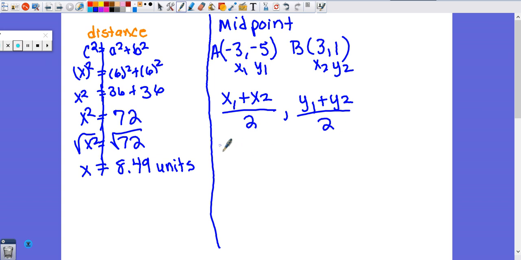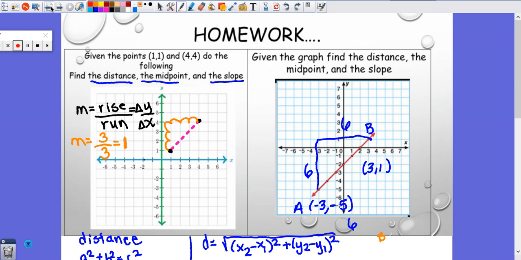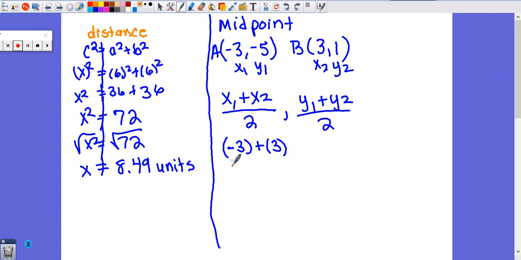And anytime you substitute into a formula, you put your numbers in parentheses. So -3 plus 3, divided by 2.